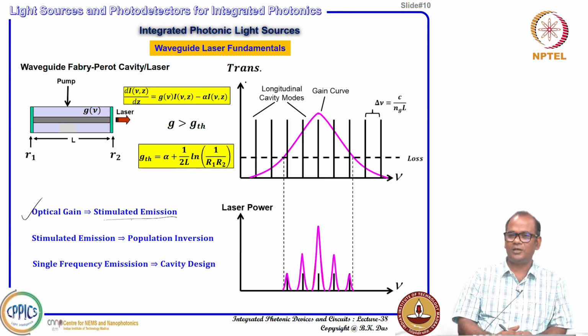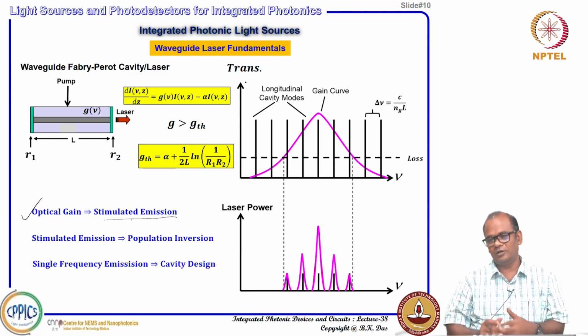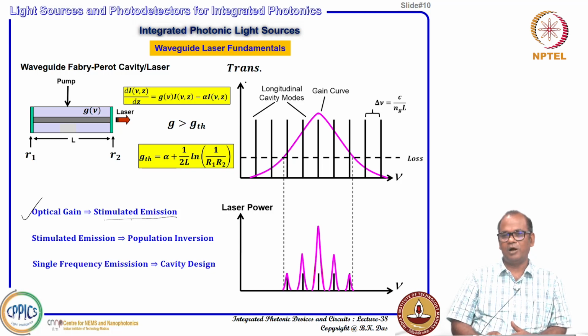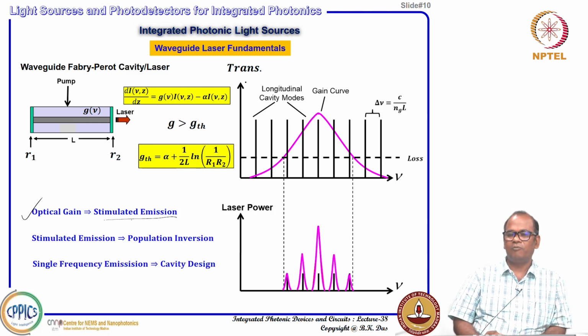So, 2 photons will be generated, then 4, 8, 16 and so on, a cascaded effect, and you can see a gigantic amount of intensity or power at that same frequency in the same direction, and that is called stimulated emission.